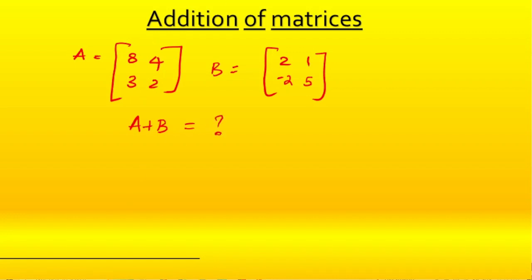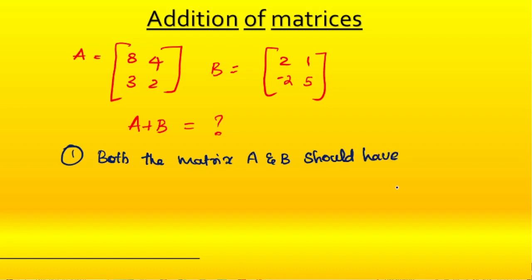How to find this? Listen carefully. There are certain rules you have to follow for matrix addition. The first rule: while doing matrix addition, both matrices A and B should have the same order.